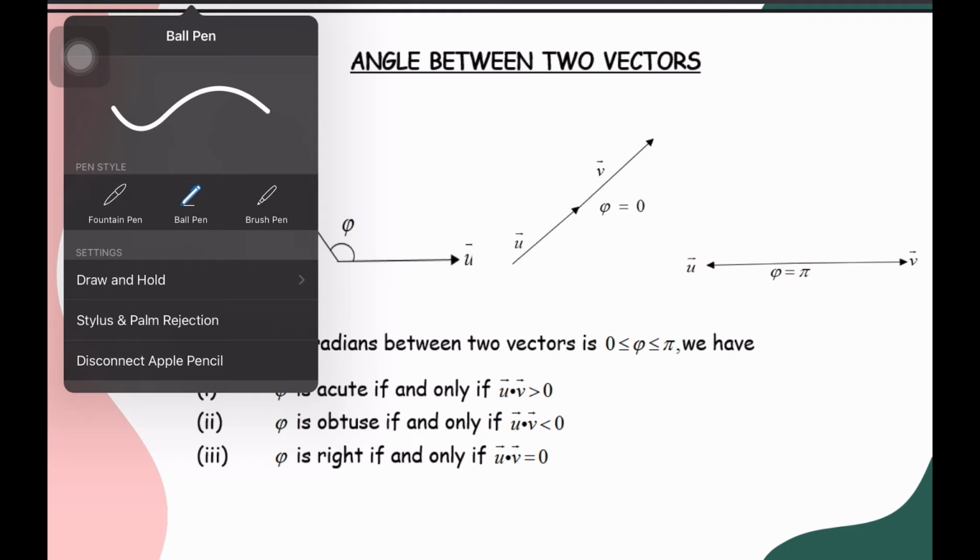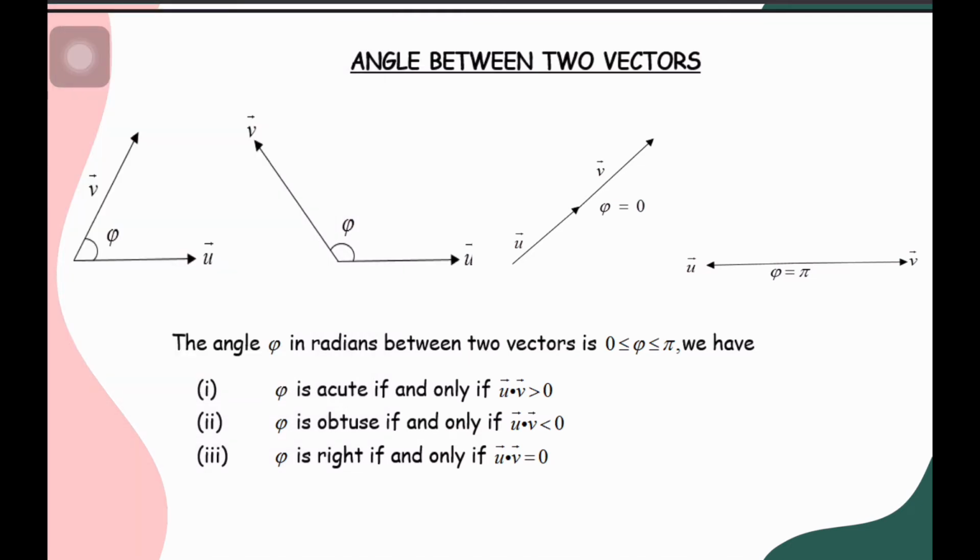The first thing is the angle phi in radians between two vectors: phi is greater than 0 and less than pi, where in degrees it is greater than 0 and less than 180 degrees. So the value of phi will start from 0 up to 180 in degrees, or 0 up to pi in radians. 3.142 is the value of pi.